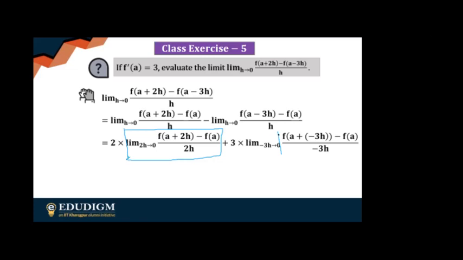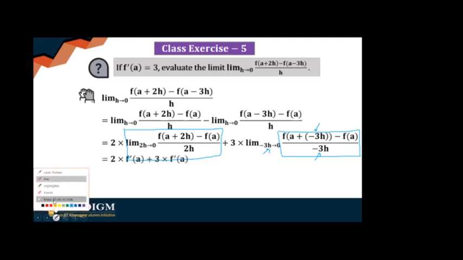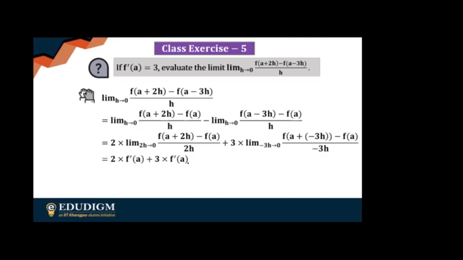Similarly here, I have also written this so that you have a better understanding of what's going on. A plus, this is the one that we have added. This is in the denominator, and this is also tending to 0. So this is actually f dash a. This is also f dash a. So this is the result, okay?